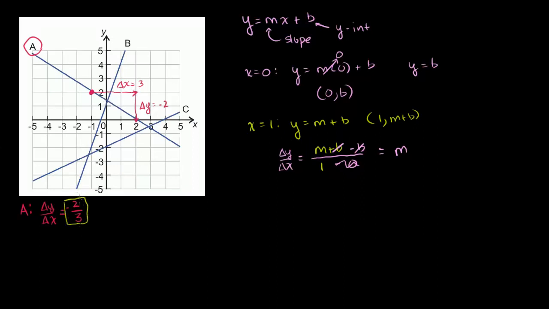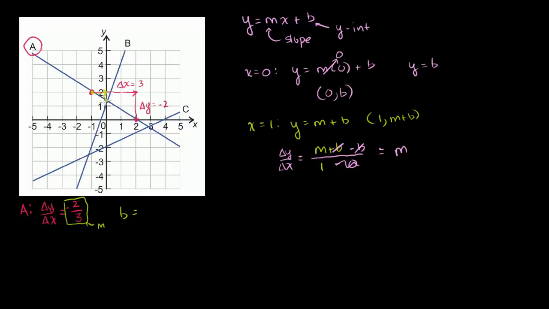Now we have to figure out the y-intercept. So that right there is our m. Now what is our b, our y-intercept? Well, where does this intersect the y-axis? We already said the slope is negative 2/3, so when we go over by 1 to the right, we would have gone down by 2/3.